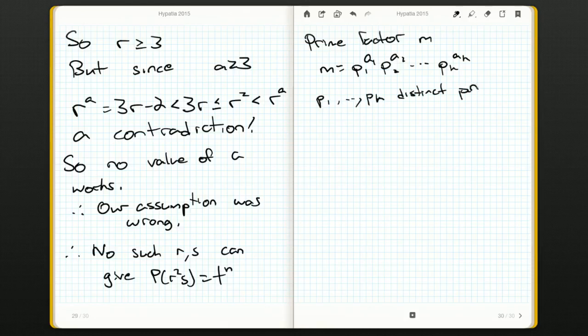So these are all distinct primes, and a1 through ak are all greater than or equal to 1.